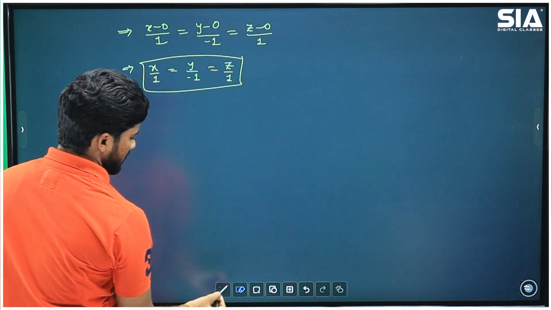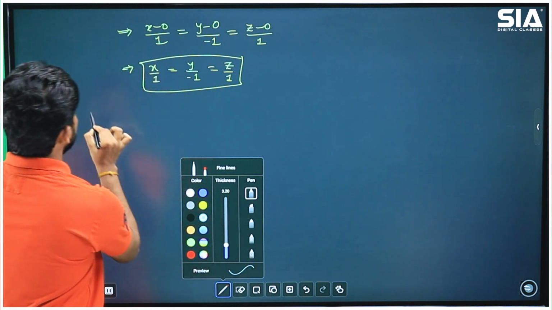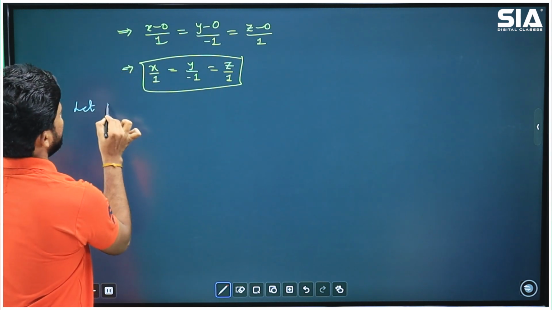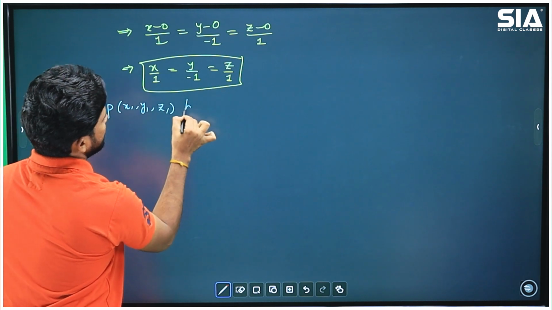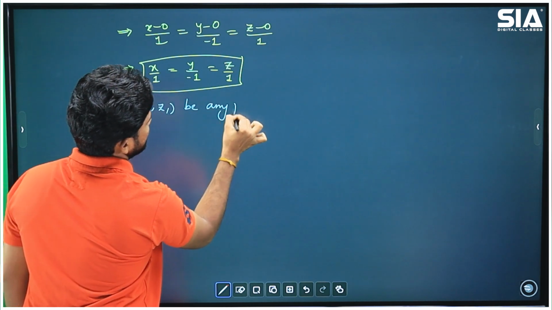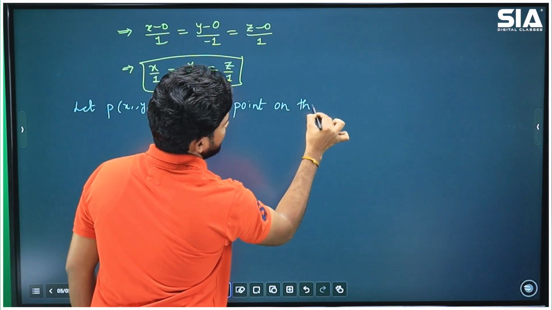let P of x1, y1, z1 be any point on the right circular cylinder.